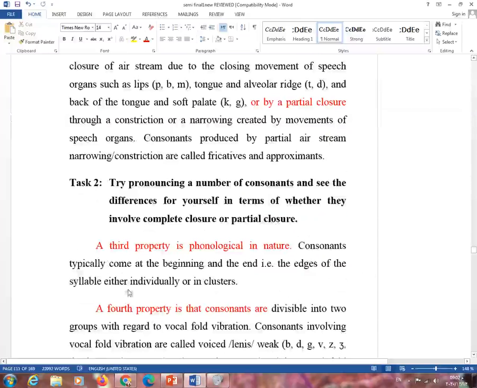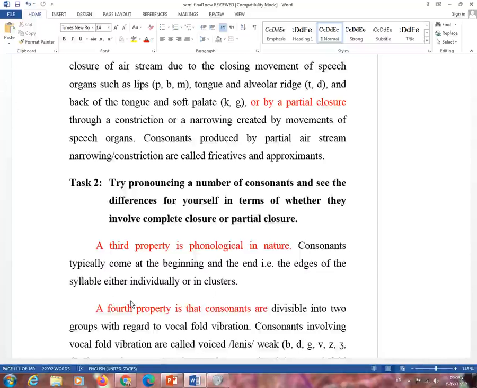Third property is phonological nature, which is that consonants typically come at the beginning and the end of syllables, the edges of the syllable, either individually or in clusters. What does this mean? We know that the syllable is a sound unit which is higher than the phoneme, a sound unit larger than the phoneme, and always in the middle of the syllable there must be a vowel, because if there is no vowel, there is no syllable.